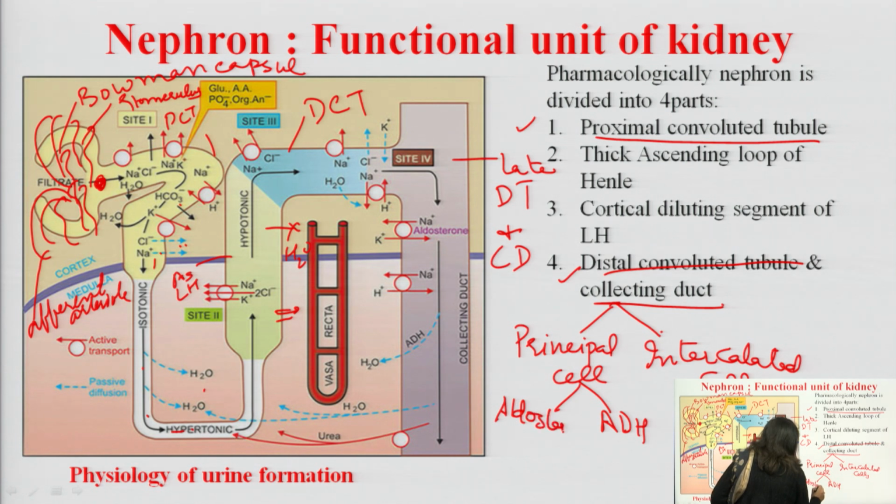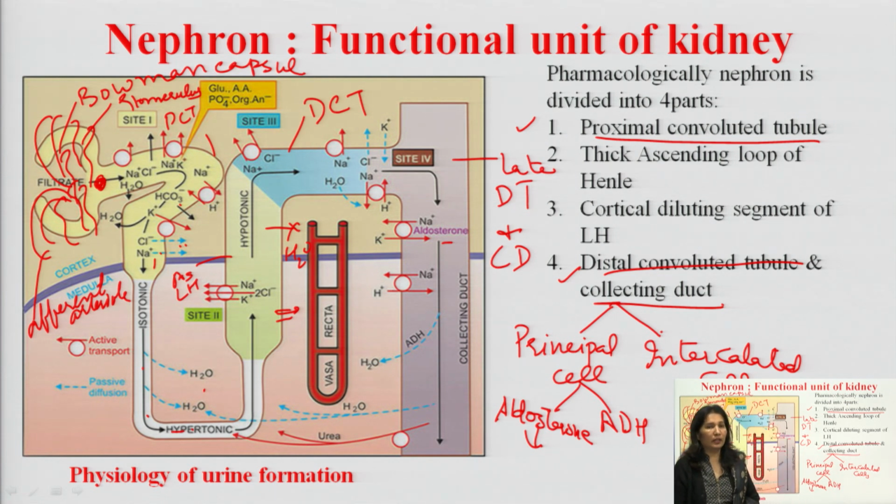Aldosterone is responsible for excretion of potassium into the lumen and reabsorption of sodium. In intercalated cells, a sodium hydrogen exchanger is present.